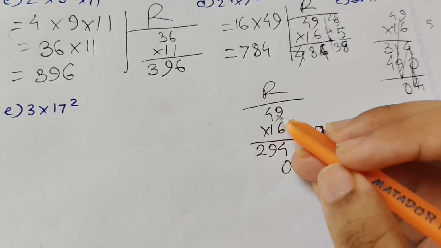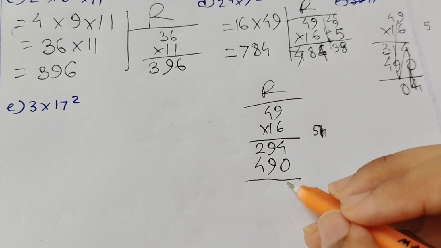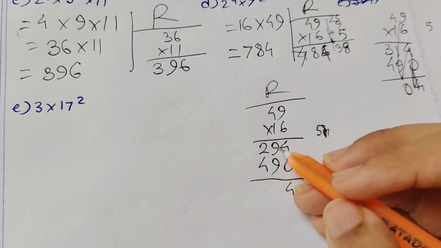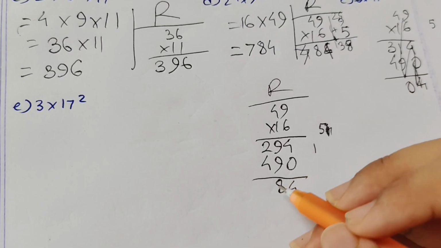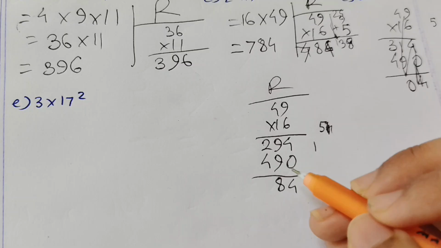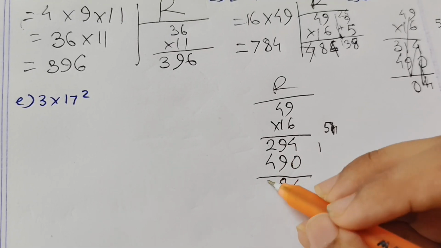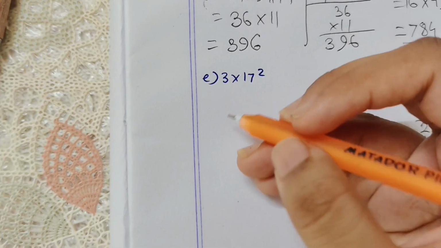Then we multiply 1 with 49 to get 49. Then we add the two together. 4, 9 plus 9, 18. 1 in hand. Now we add the 1 with 2, 4 to get 7. Same answer.